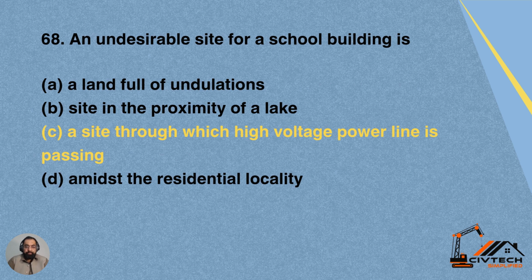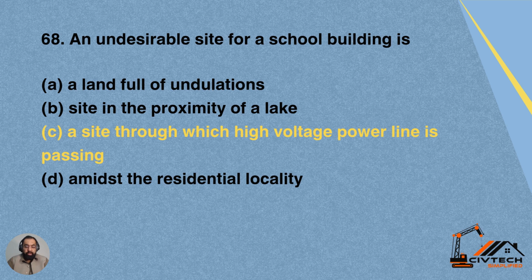Then we have question 68. An undesirable site for a school building. So where the school should not be constructed. Number A, land full of undulations. B, site in the proximity of the lake. C, a site through which high voltage power line is passing. D, amidst the residential locality.